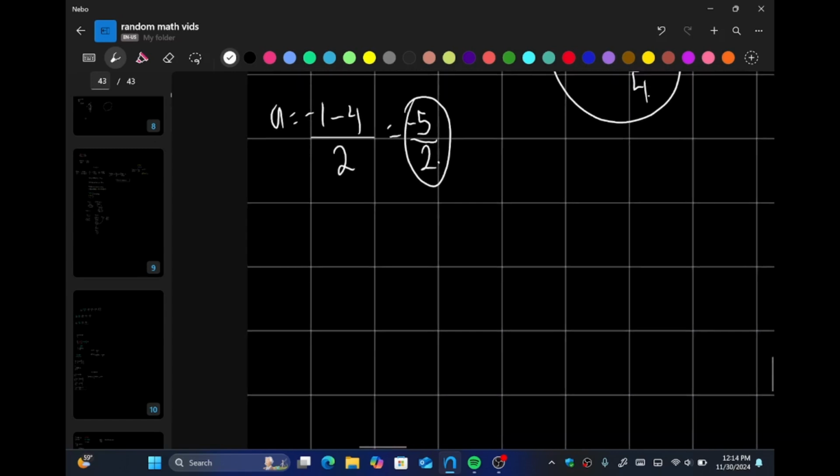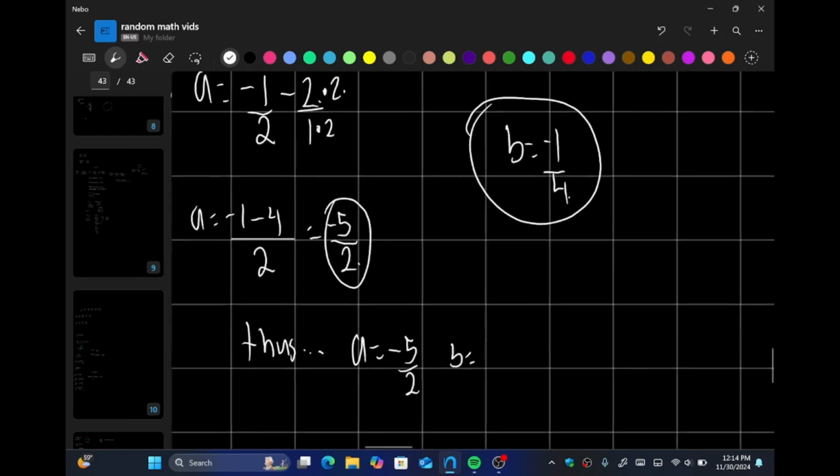So thus a equals negative 5/2, b equals negative 1/4.